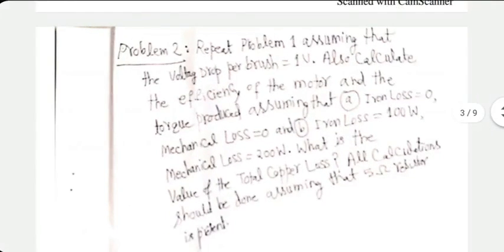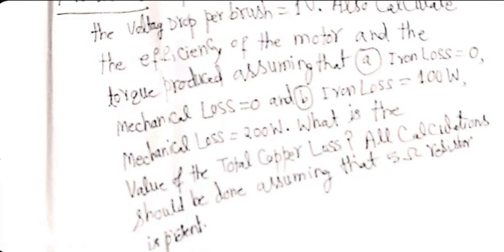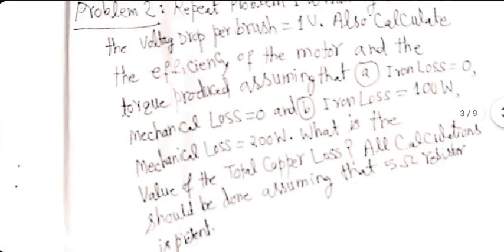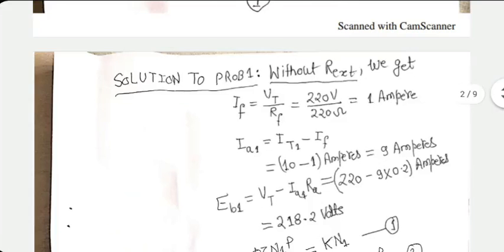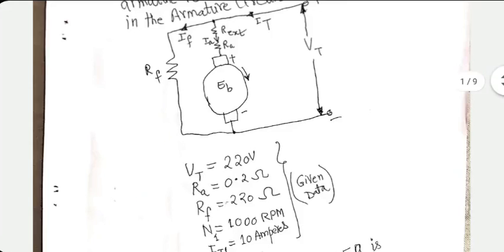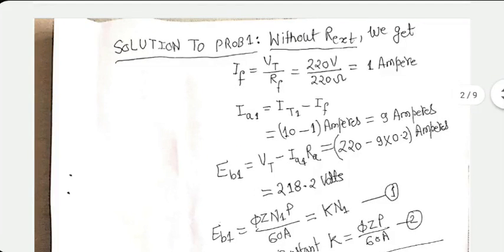What is the value of total copper loss? And all calculations should be made assuming that 5 ohm resistor is present. Problem 2 is repetition of problem 1, but with R external present. And brush drop is also given as 1 volt per brush. We will assume 2 brushes.